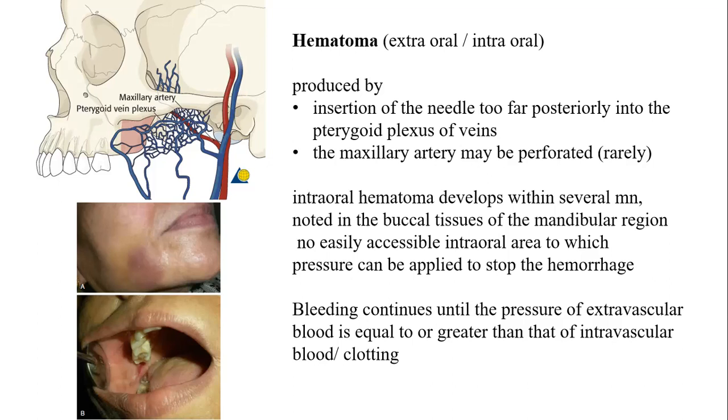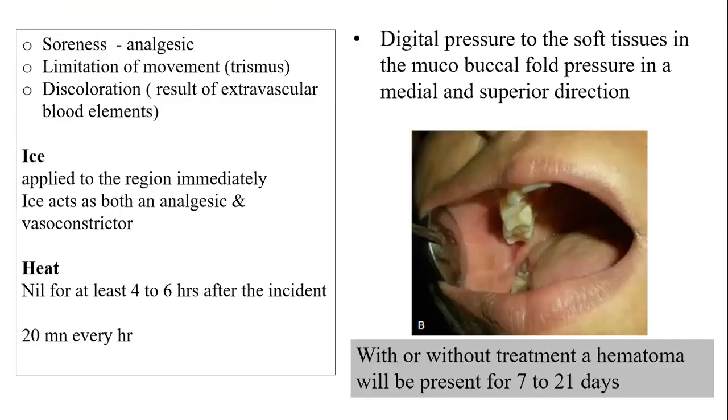Bleeding continues until the pressure of extravascular blood is equal to or greater than that of your intravascular blood, or until clotting. Usually the patient will complain of soreness, limitation of movement, or limited mouth opening. Discoloration is a result of extravascular blood elements.